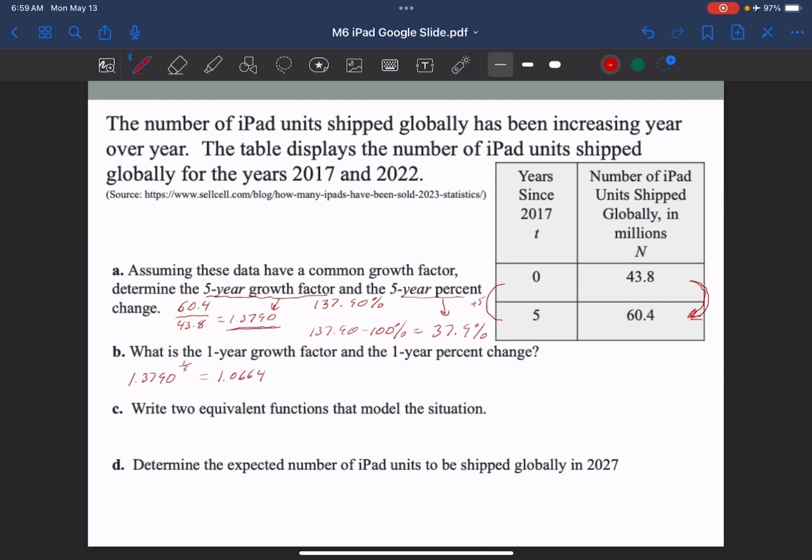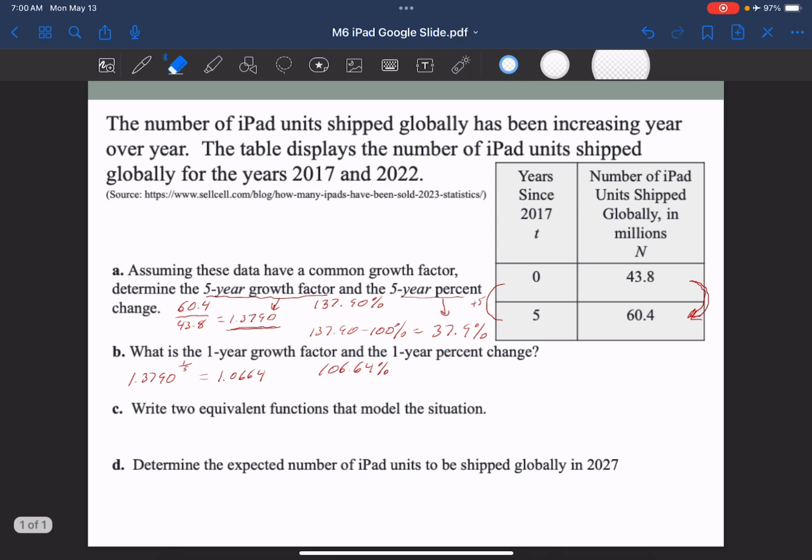1.0664. So this tells us that every year, the number of iPad units shipped globally is 1.0664 times as large as it was the previous year. And I can then change that to a percent. That's 106.64%. So each year, the number of units shipped globally is 106.64% of what it was.